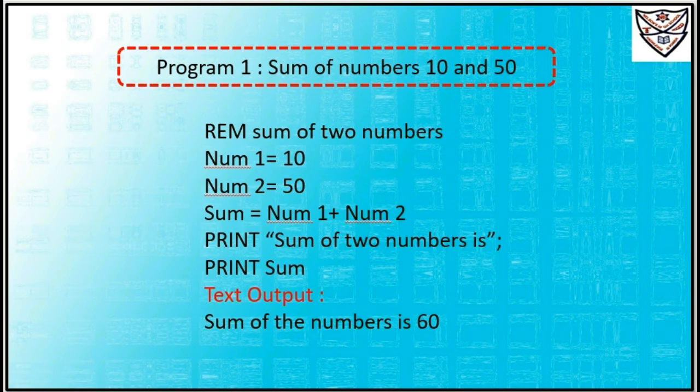Print, in double quotes, "sum of the two numbers is" and a semicolon. Print sum. After running this program, you can see the output is: sum of the numbers is 60.